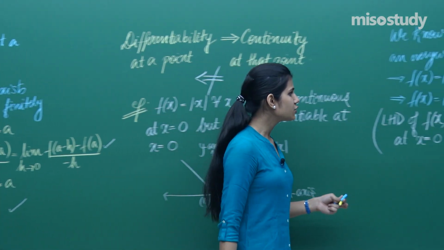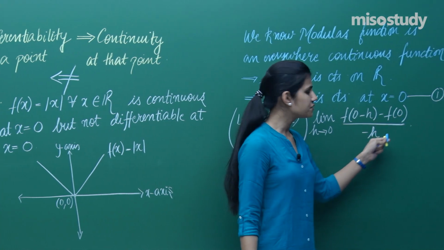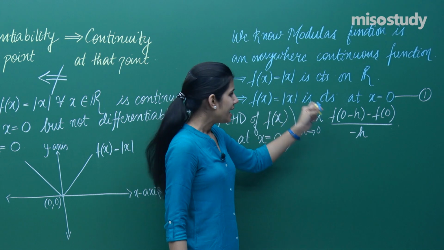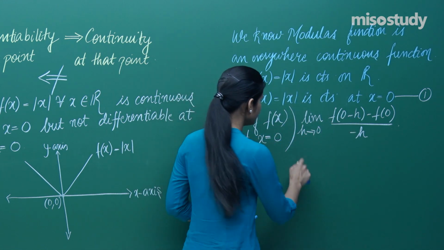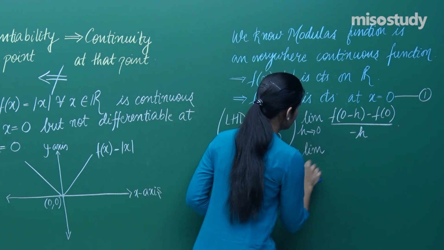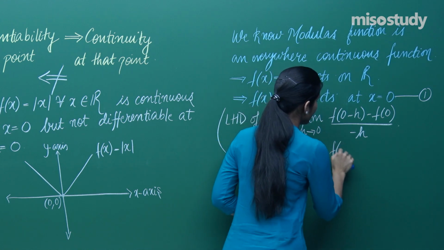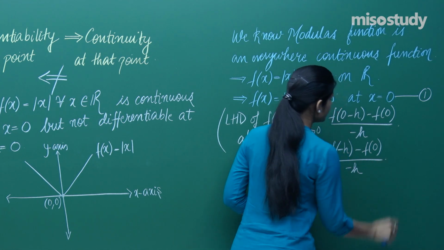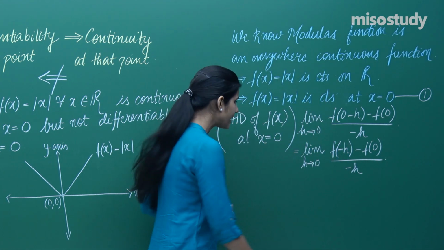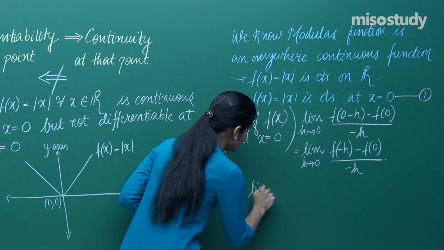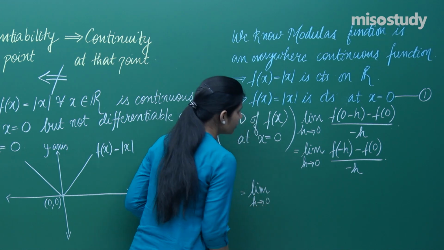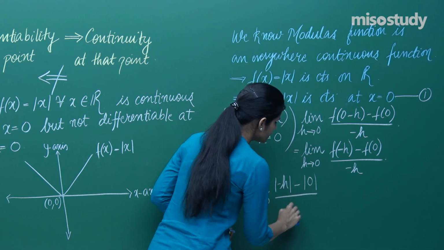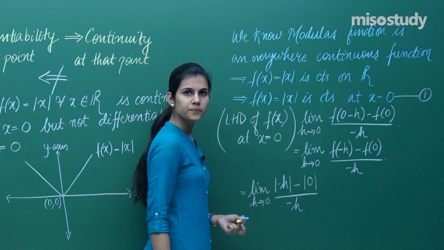If f(x) is equal to mod x, I can write it as limit h tends to 0, [f(minus h) minus f(0)] upon minus h. Since f(x) is mod x, f(minus h) is what? Limit h tends to 0, [mod of minus h minus mod of 0] upon minus h.